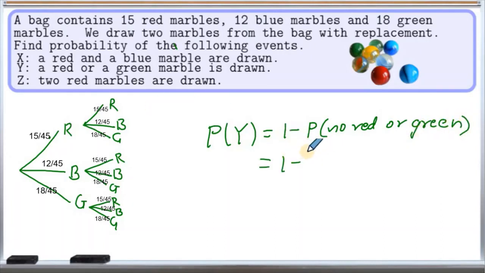And probability of no red or green is simply blue and blue. To get blue and blue, we look at this branch, this one, and this one. So the probability is 12 over 45 times 12 over 45.